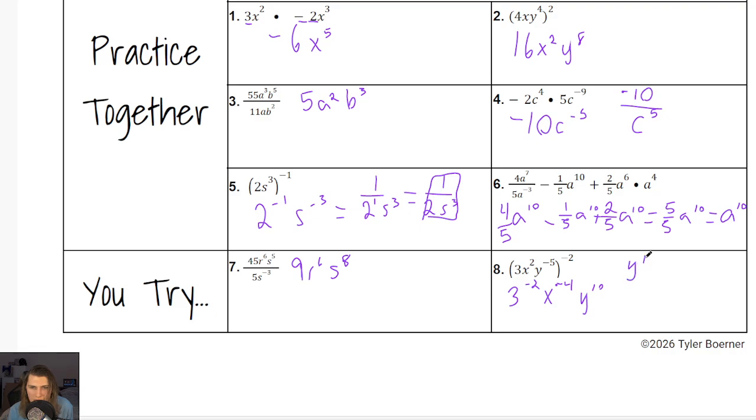So our y to the 10th stays on the top, and then we have 3 squared times x to the 4th. So once we get that, we then go back and we say y to the 10th over 9 times x to the 4th, because we have to square the 3 before we can finish.